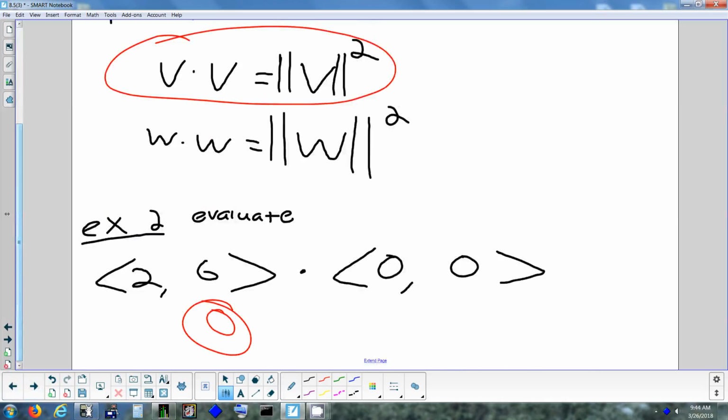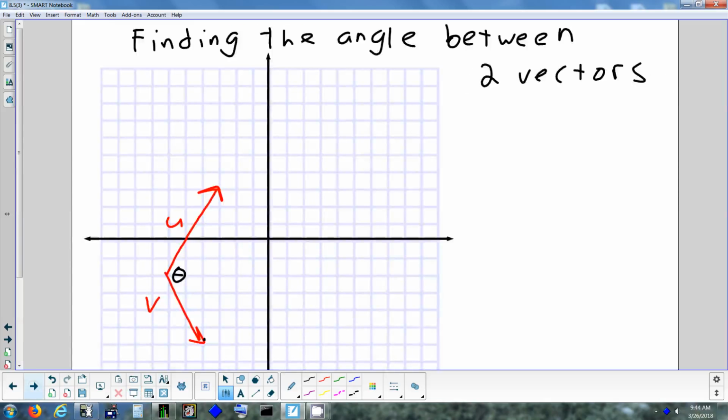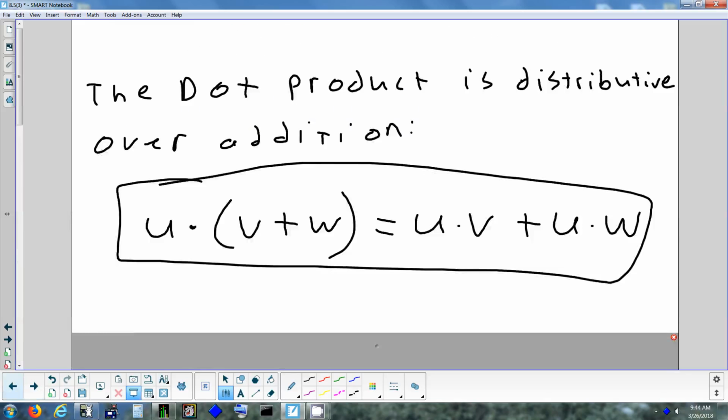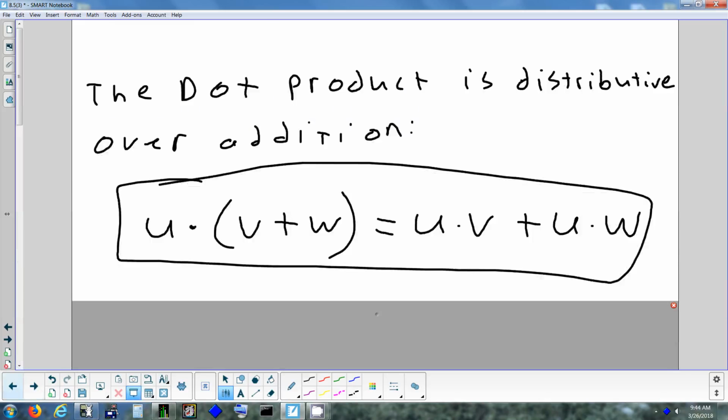Any questions on that? All right, so angle we're going to hold off on, so we'll finish up with that. This is showing you that the distributive property works with dot product. You can do that, and it works fine.